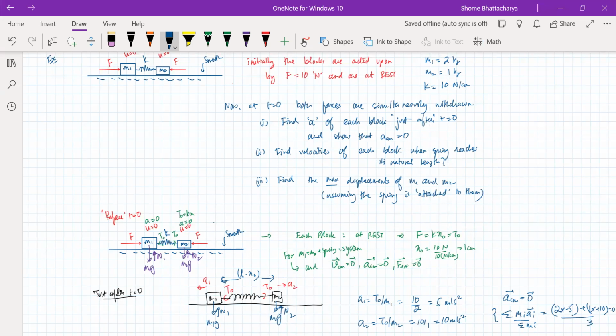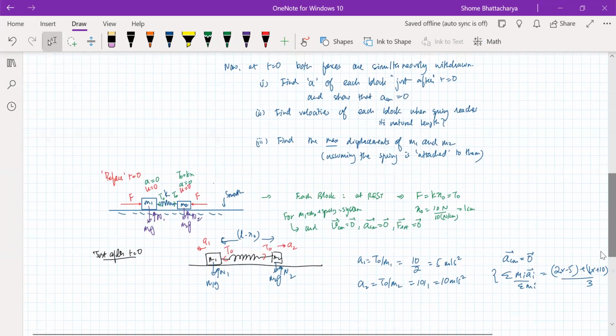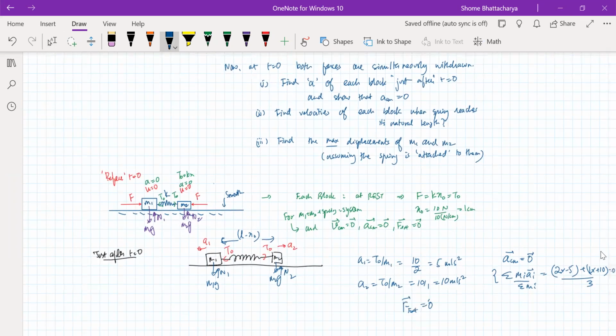Or you can justify it by the fact that net external force on the system is 0, hence acceleration of the center of mass will be 0. So this relation that m1a1 cancels m2a2, they are in opposite directions. This will hold true not just for t equal to 0, but for any other instant also.